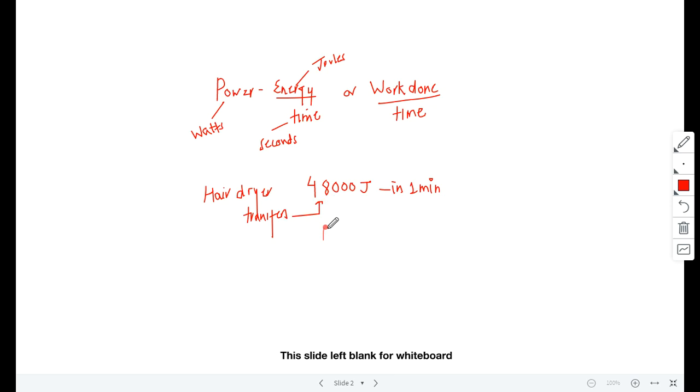So it was to calculate power. And another question was, two motors lift 2 newton weight vertically.